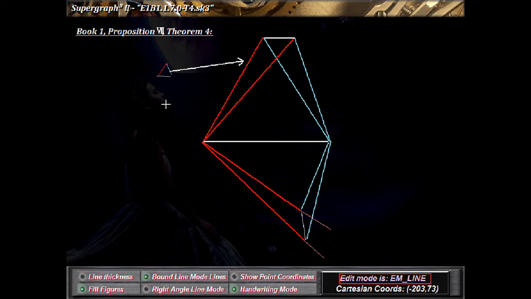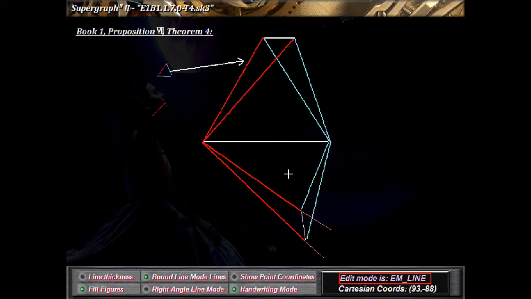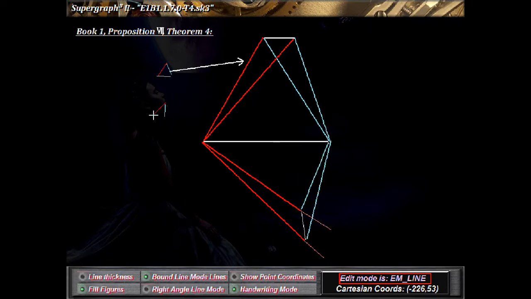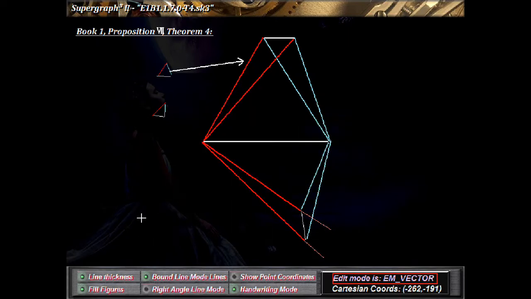Still red. So this more or less resembles the second one. How about that?